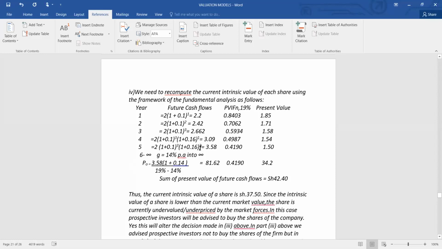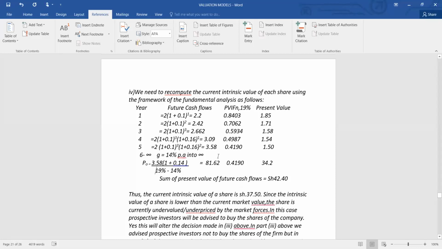So if one were to buy this share, you'll get a return of 2.2, 2.42, 2.662, and so forth and so on. Then at the beginning of year 6 or end of year 5, you can sell a share at 81.62. So if you discount this, you should be very careful with the discounting factor.